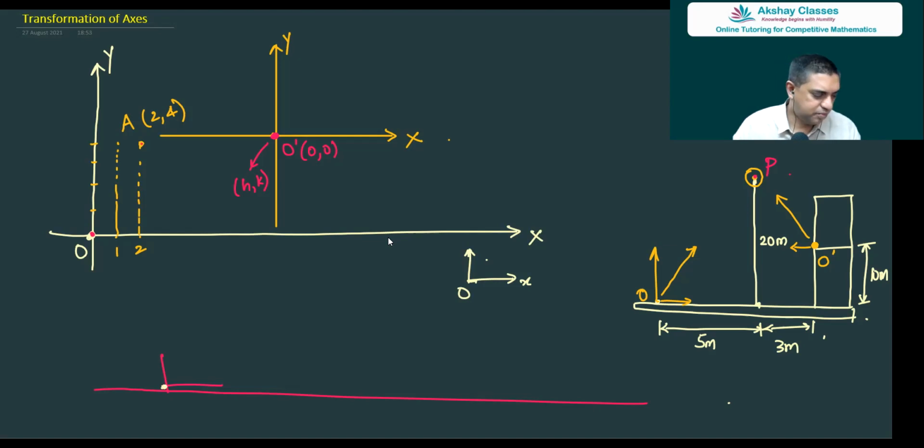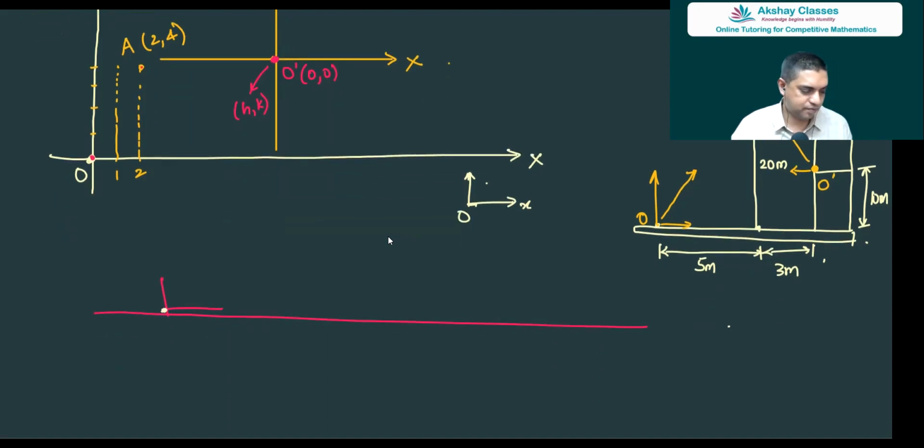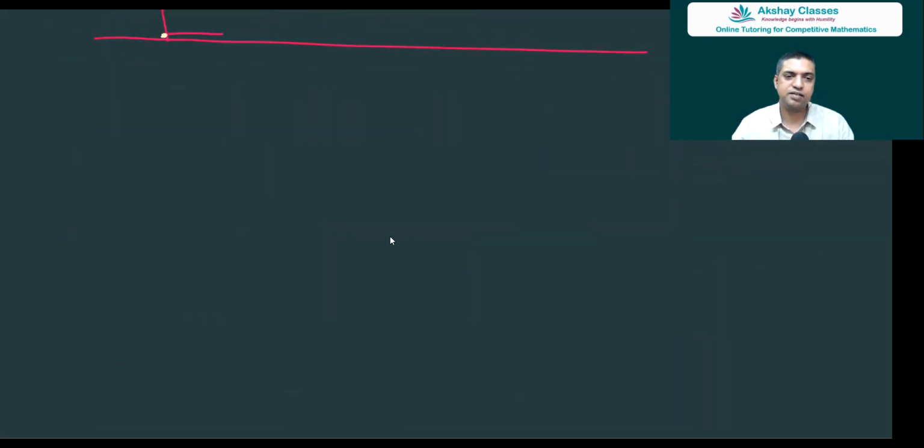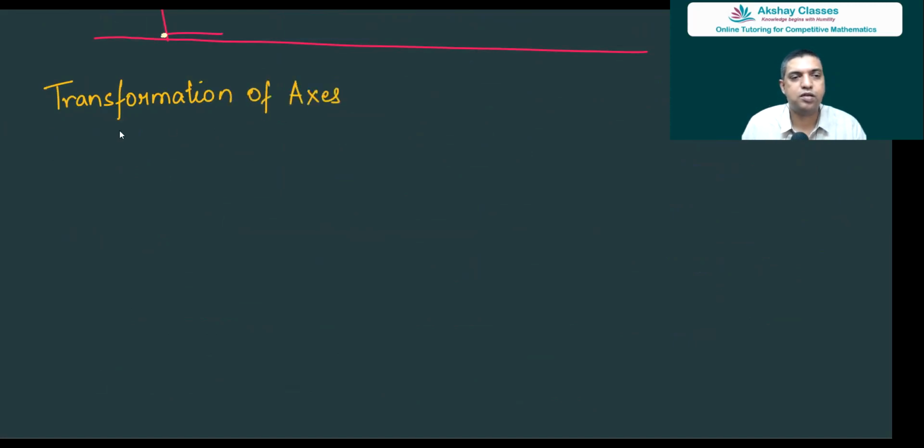So there are three possibilities of transformation of axis. Transformation of axes, A-X-E-S, means the coordinate axes, X and Y axis together. The plural of axis is axes.